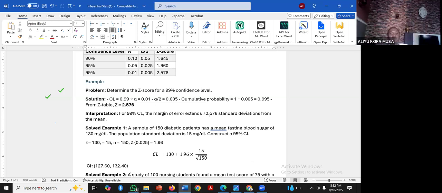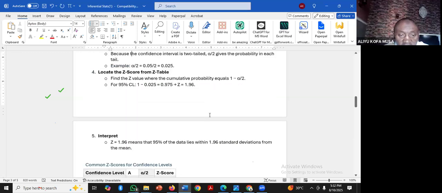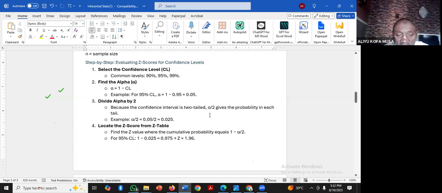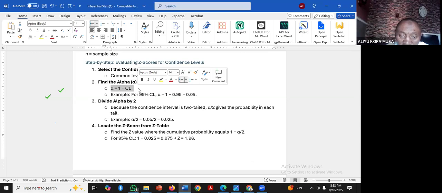According to the steps that we explained earlier, let me take you back where you can see the steps. To get our alpha, we subtract CL from 1.